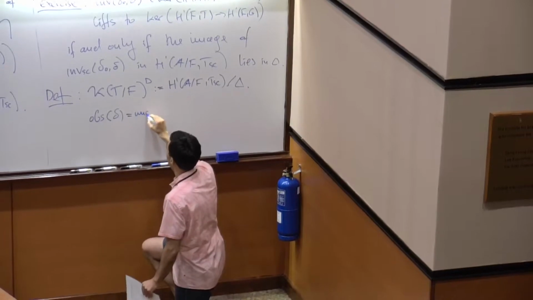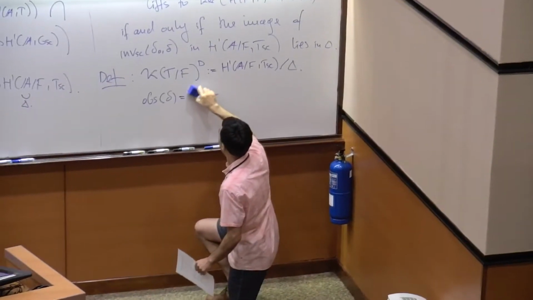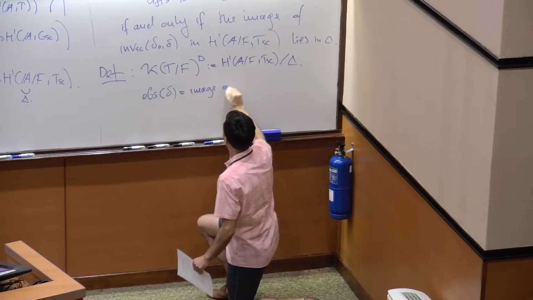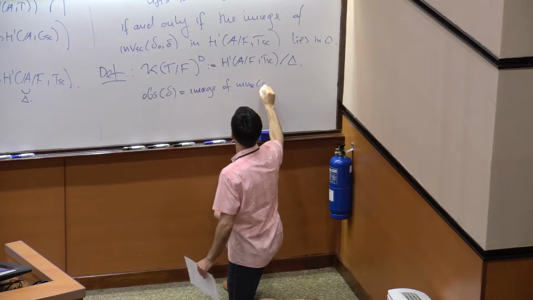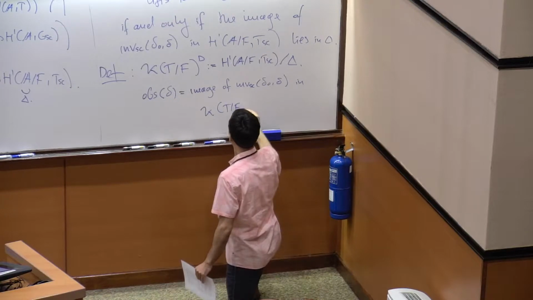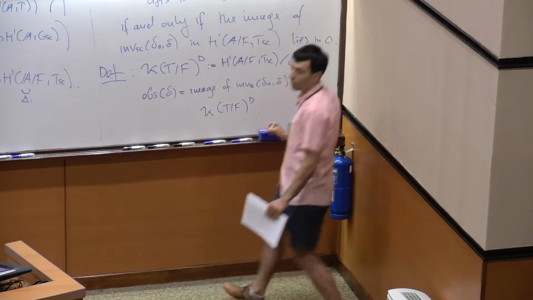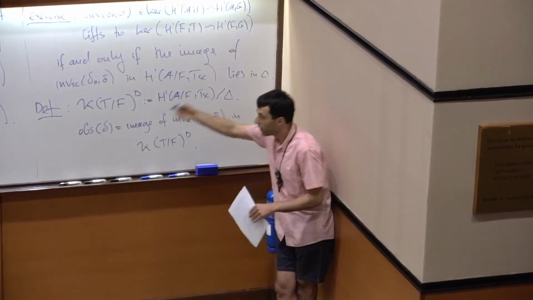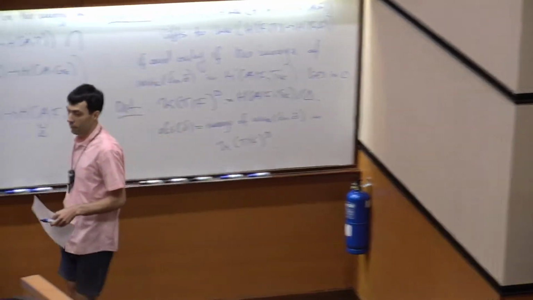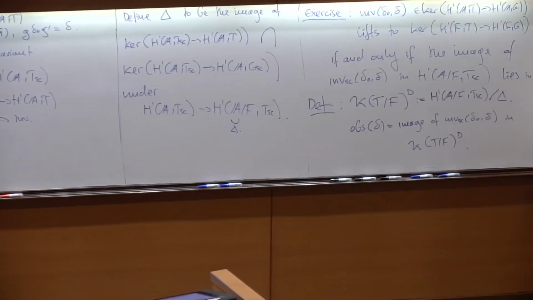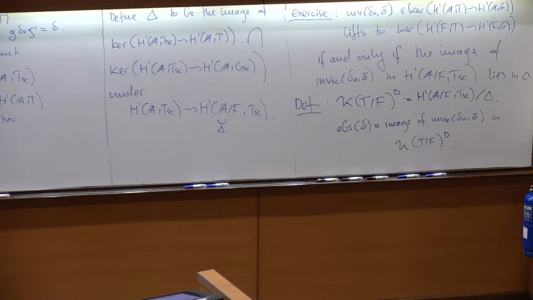It is the image of this refined invariant in this group. So this is going to be our group C. So now we can apply the previous exercise to come to a very similar, maybe I'll leave this here as a comparison.